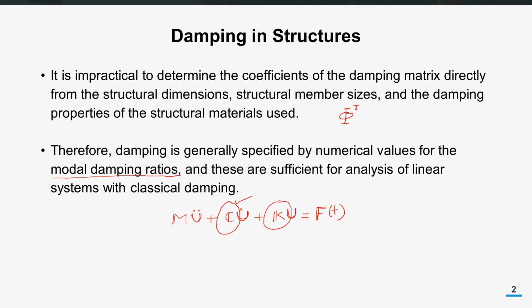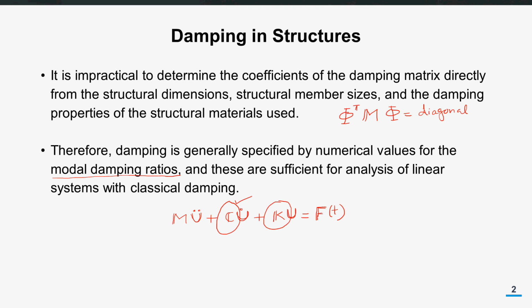The transpose of this matrix multiplied with the mass matrix, multiplied with this matrix again, is a diagonal matrix. This modal orthogonality property allows us to uncouple the governing equation of motion into modal equations. Similarly, Phi transpose times K matrix times Phi is also a diagonal matrix.